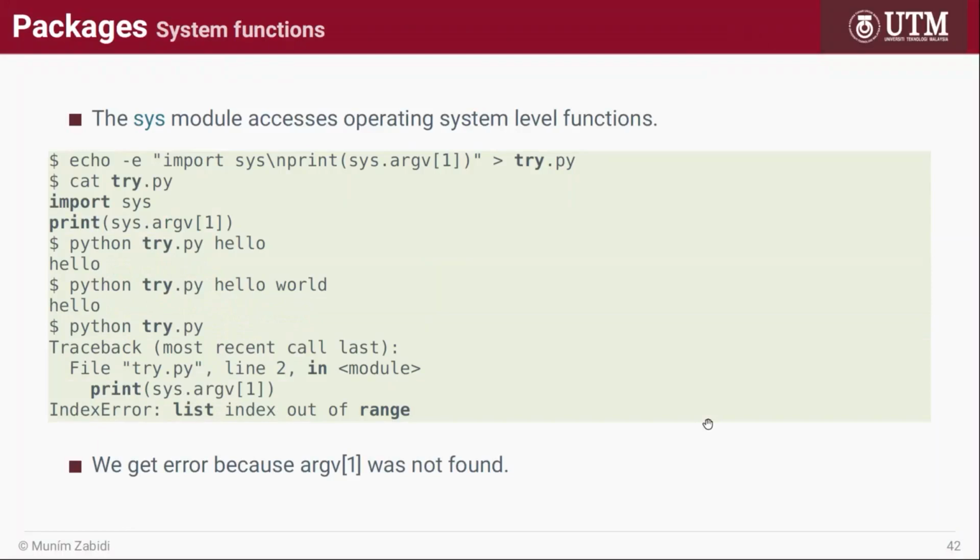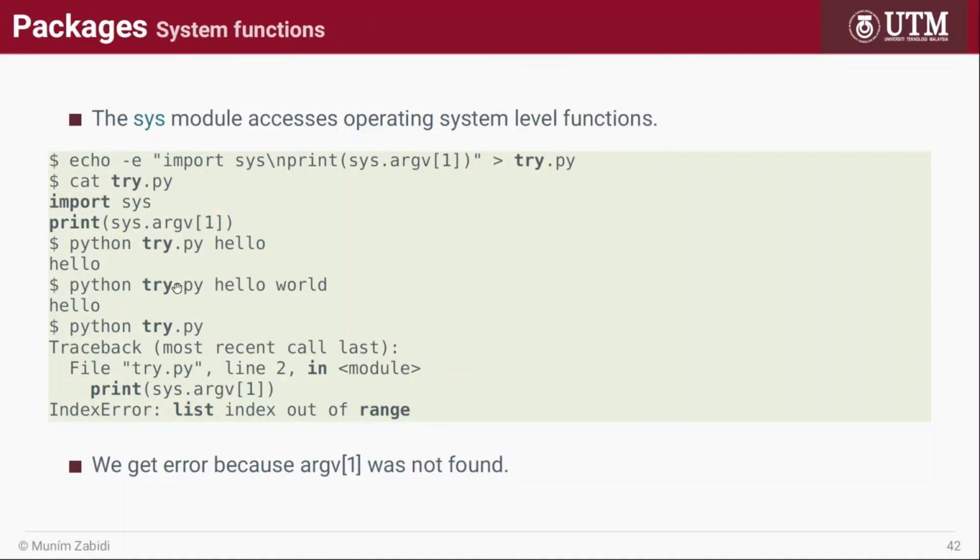We also have a sys module for accessing operating system level functions. I think this example is quite complex, and I don't think we have time for this. I can try this one later. What it really does is, when you type something on the command line, for example python try.py hello world, these are actually four tokens or four words.